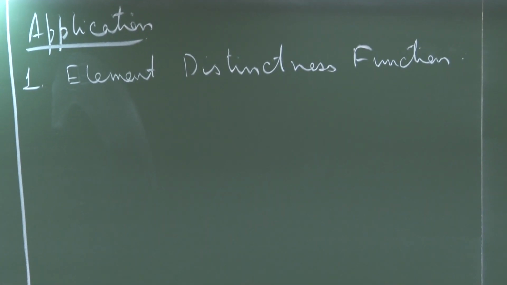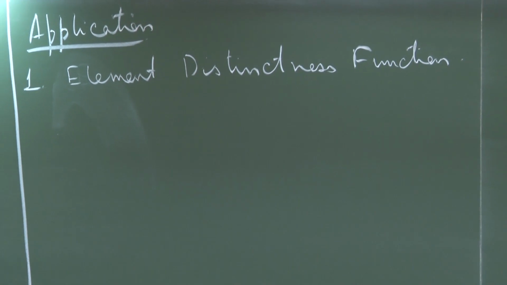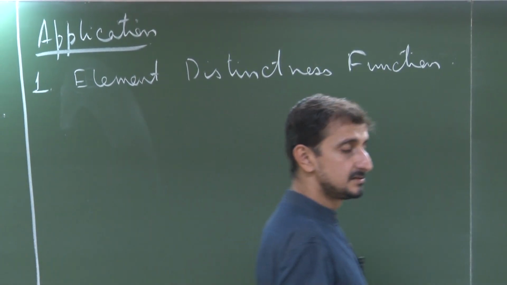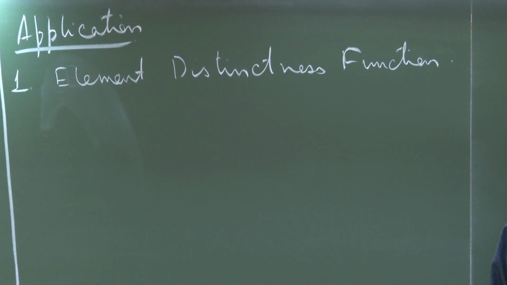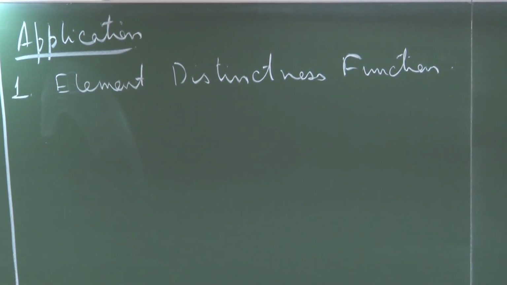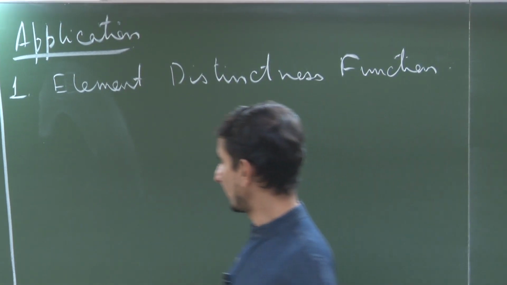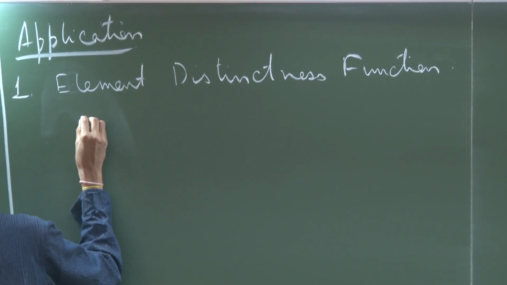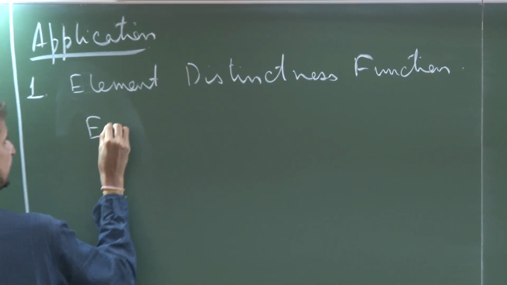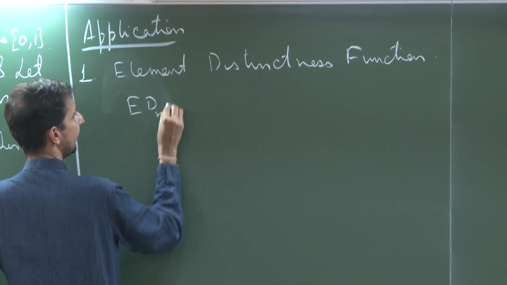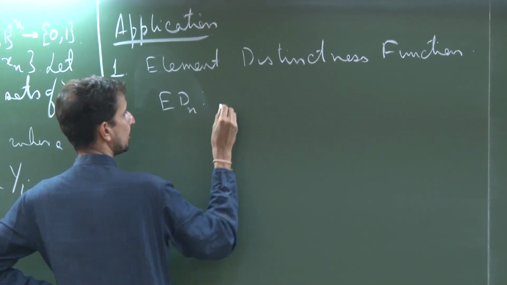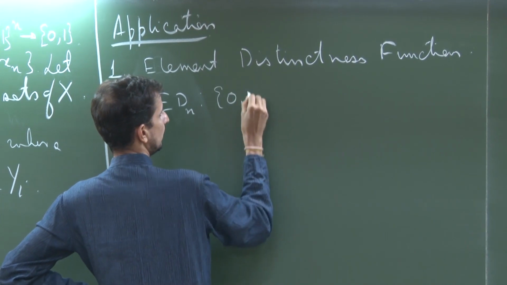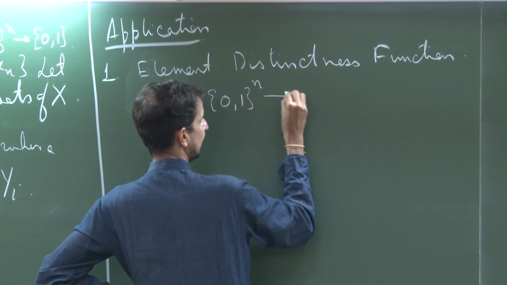So, we will define this function, we will see what this function does, and then we will try to construct a lower bound using this theorem. So, what is this function? This is a function, let us call it ED, from 0 1 to the power n to 0 1.